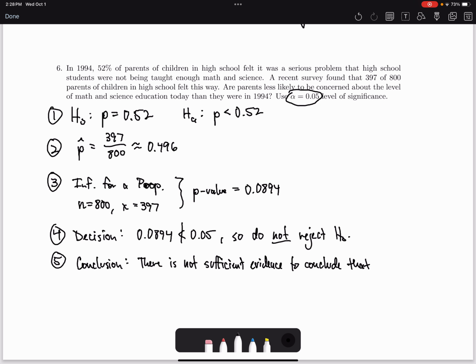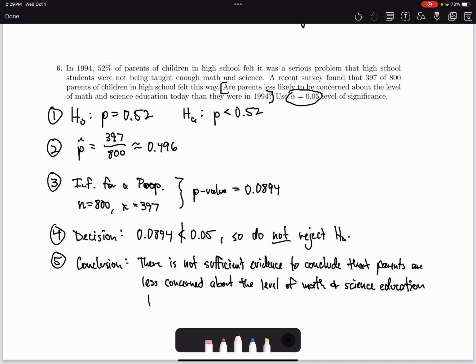In this case, you can almost always just copy and paste it from the question, right? Are parents less likely to be concerned about the level of math and science education? Well, no, there's not sufficient evidence to conclude that parents are less concerned about the level of math and science education today than in 1994. Okay.